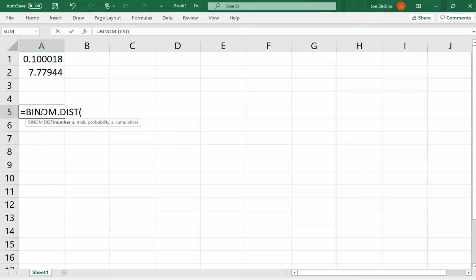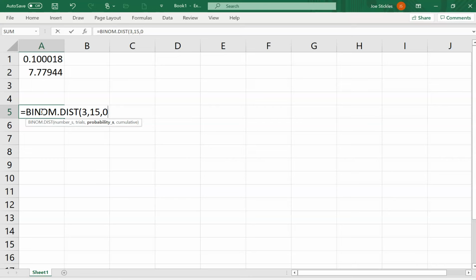Notice that it takes in a number of successes, a number of trials, a probability of success, and whether or not you want it to be cumulative, just like before. The number of successes we were interested in is 3. Number of trials is 15.